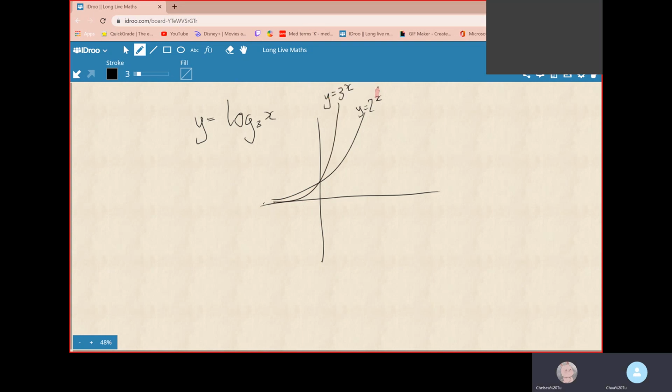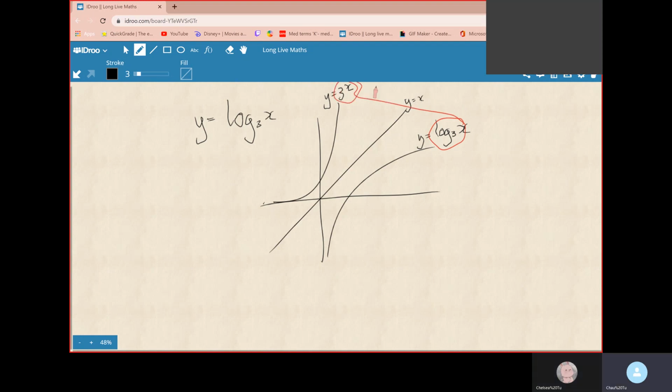Well, log is the inverse of 3 to the power of x, so it's really a reflection along the diagonal line. If you reflect it, it will look something like this. So this is your y equals log base 3 of x, because the log function is the inverse of 3 to the power of x.